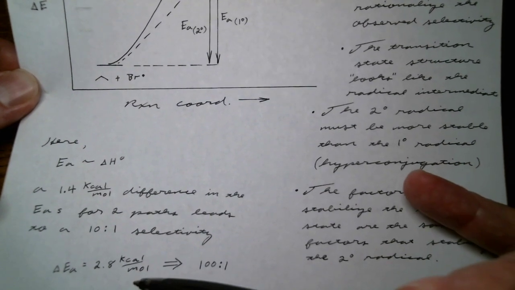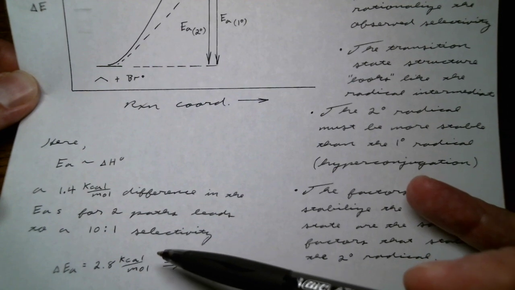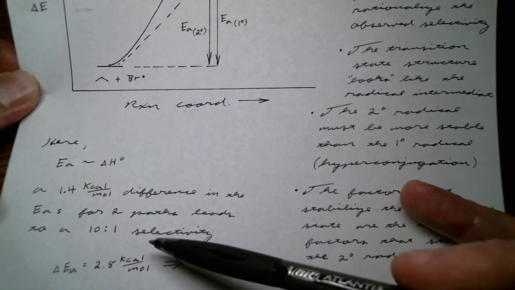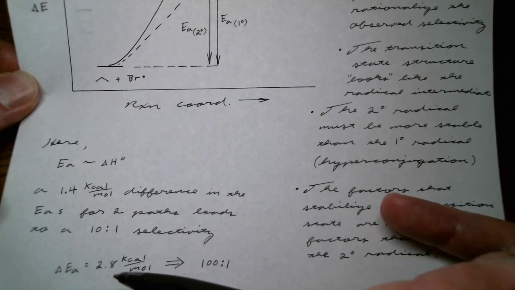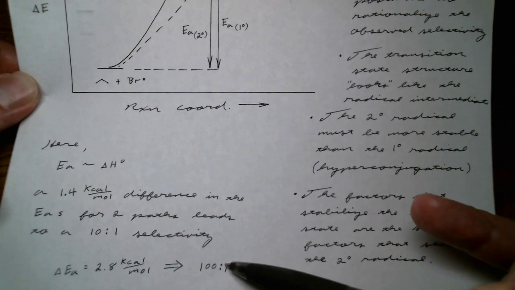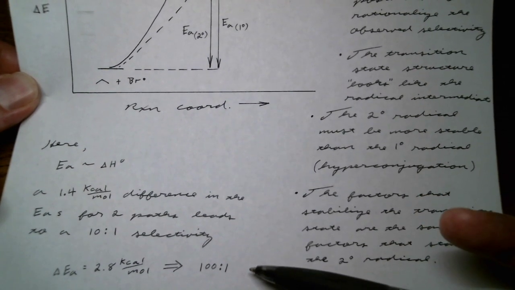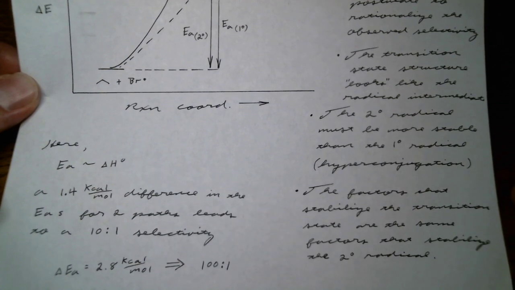And there happens to be an exponential, a logarithmic relation to this. So a difference in energy of 2 times 1.4 kcals per mole or 2.8 kcals per mole leads to a 100-to-1 selectivity. So 10 times our 10-to-1 selectivity.